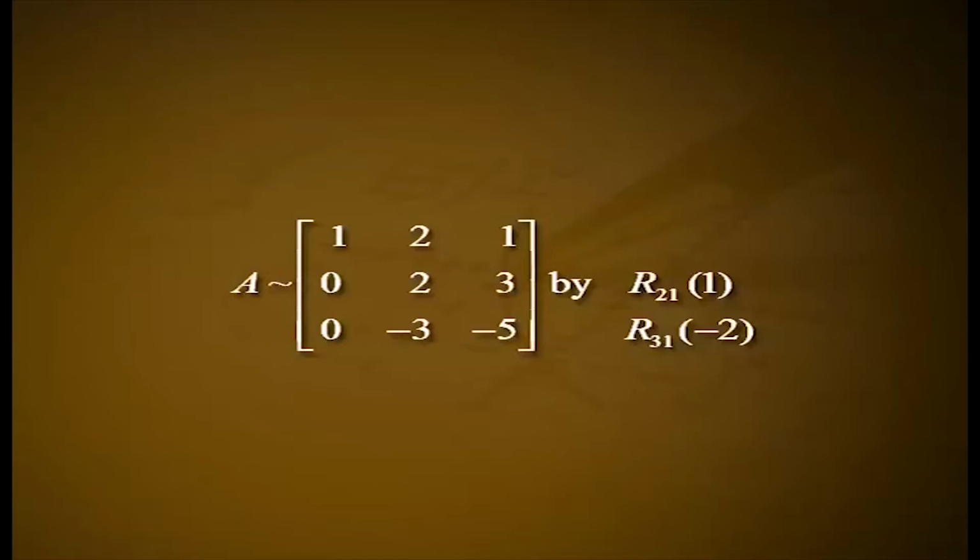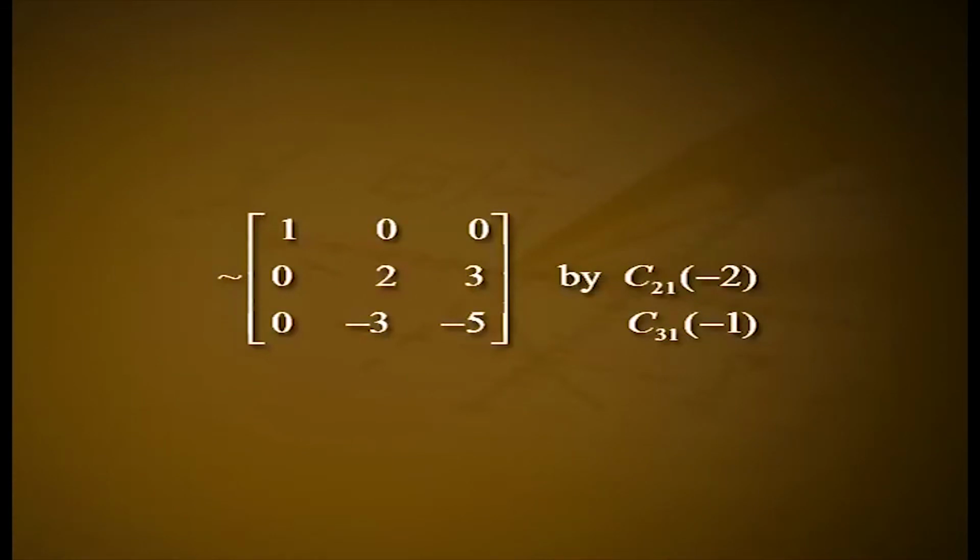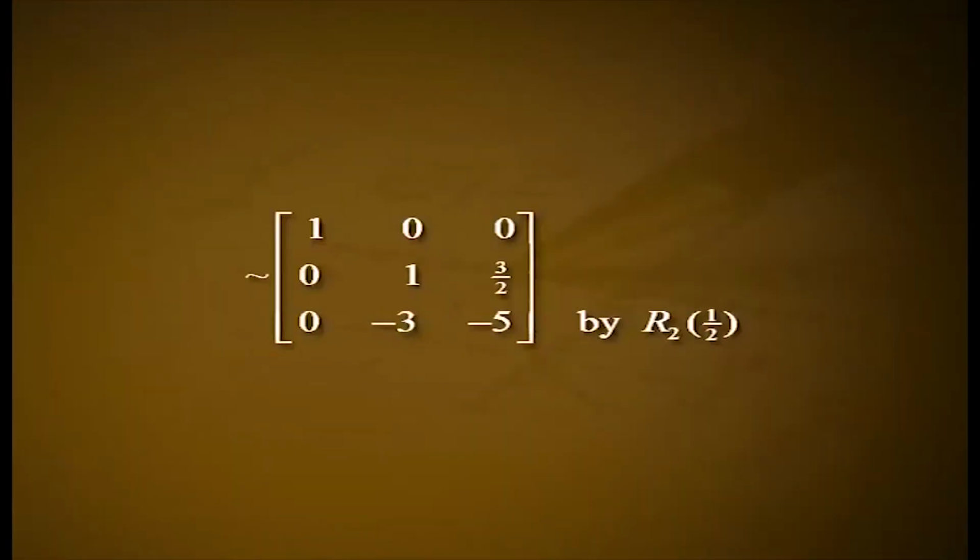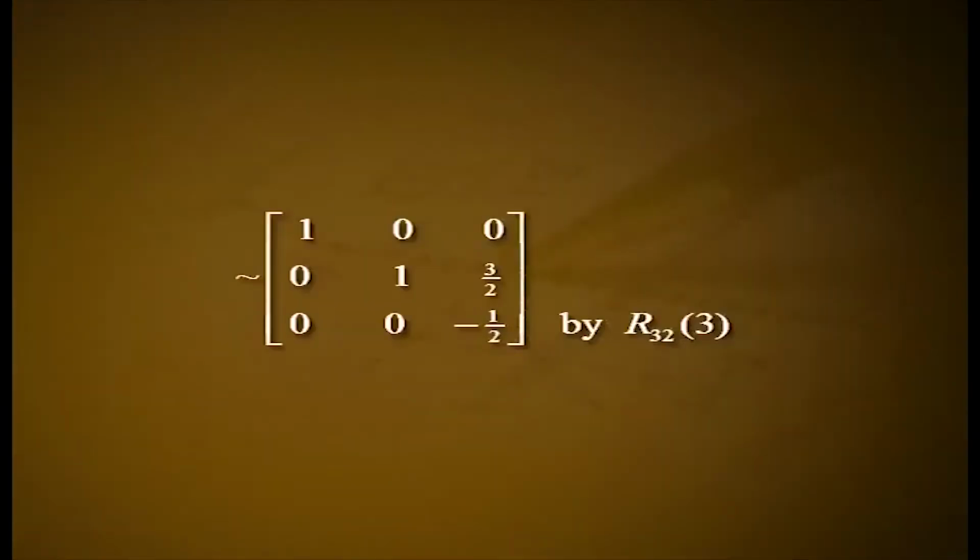Solution: A is equivalent to matrix 1 2 1, 0 2 3, 0 minus 3 minus 5 by R2 1 and R3 1 minus 2, which is equivalent to 1 0 0, 0 2 3, 0 minus 3 minus 5 by C2 1 minus 2 and C3 1 minus 1, which is equivalent to 1 0 0, 0 1 3 by 2, 0 minus 3 minus 5 by R2 1 by 2, which is equivalent to 1 0 0, 0 1 3 by 2, 0 0 minus 1 by 2 by R3 2 3, which is equivalent to 1 0 0, 0 1 3 by 2, 0 0 1 by R3 2 minus 2, which is equivalent to 1 0 0, 0 1 0, 0 0 1 by R2 3 minus 3 by 2. Hence, the normal form of A is matrix I3.